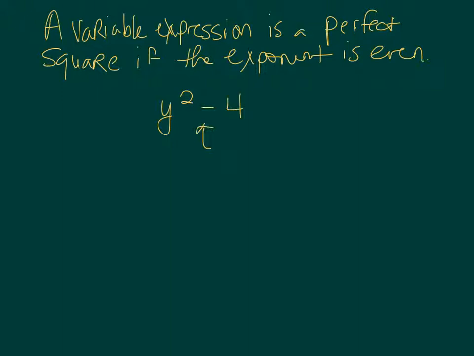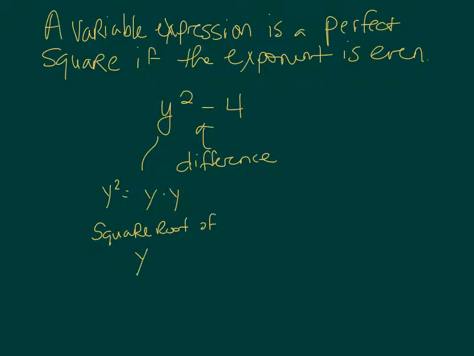This is a difference. Let's look at y squared. Is y squared a perfect square? Look at the exponent. Is the exponent even? Yes, so we can break down y squared into y times y. So it has a square root of y.